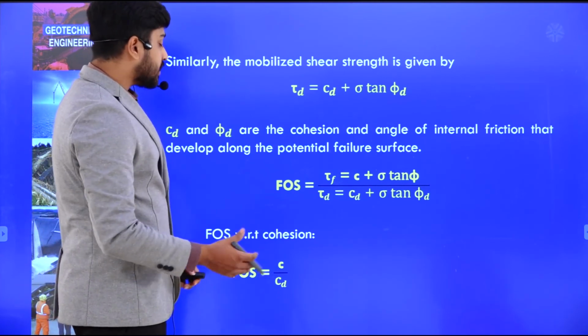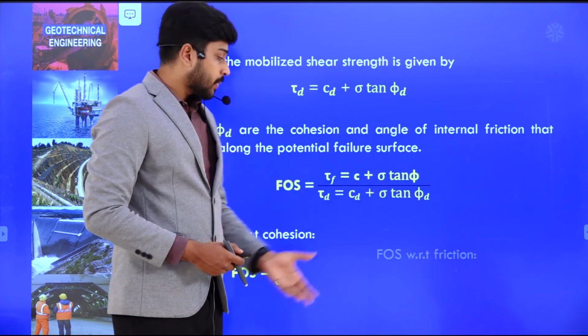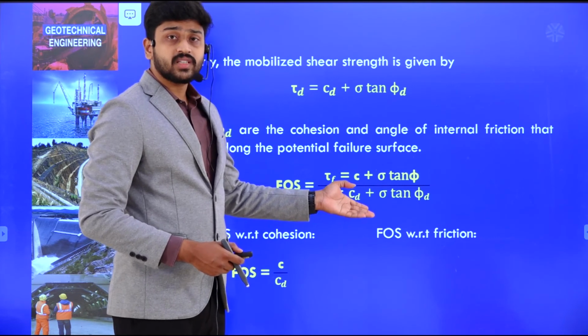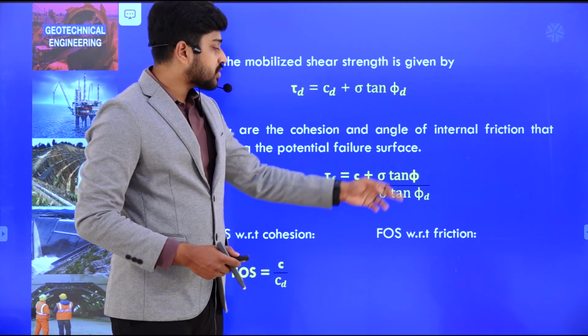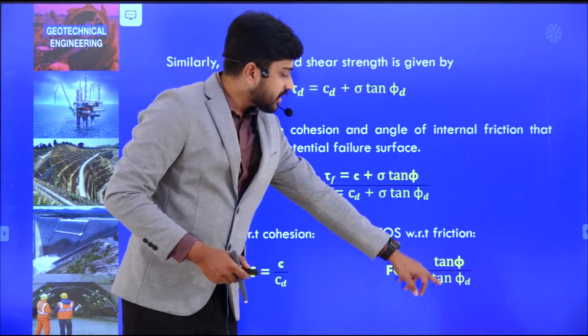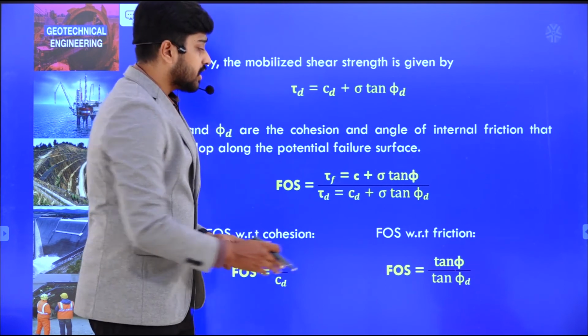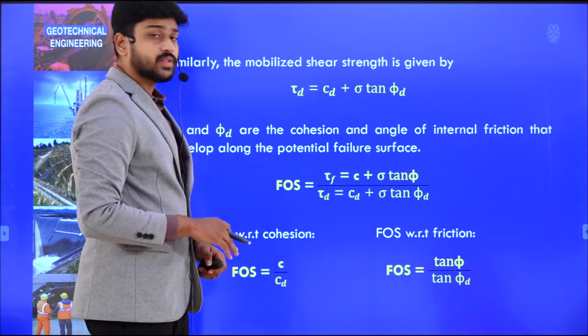And if I have to represent it only in terms of the other entity, when C is 0 and C d is 0, that means it is a cohesionless soil, then the factor of safety can be represented by tan phi by tan phi d. So that is how we can represent it.